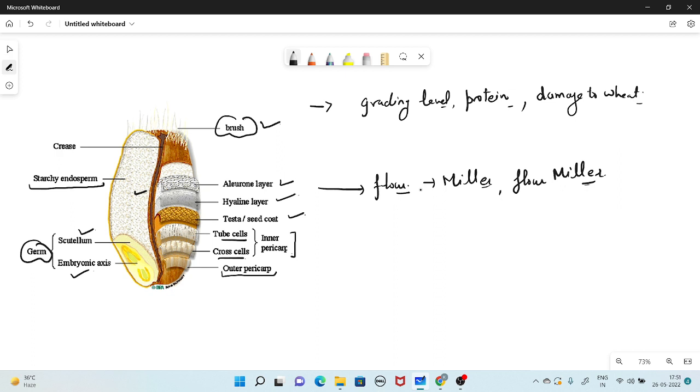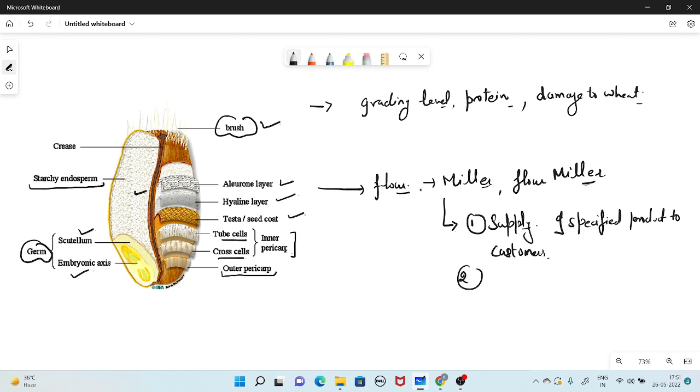And this miller has only two particular goals. Number one is that it has to supply the flour of a specified product to the customers according to their demands, right?